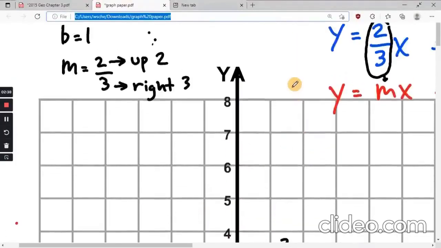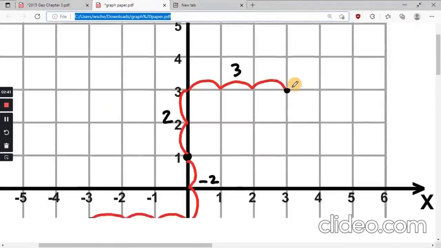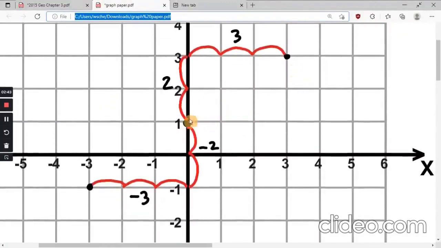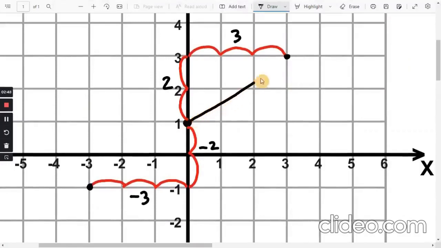So for y equals 2/3 x plus 1, you only need 2 points, but if you want to do 3, that might help to make it more straight. But if you connect those points, that is the line for y equals 2/3 x plus 1.